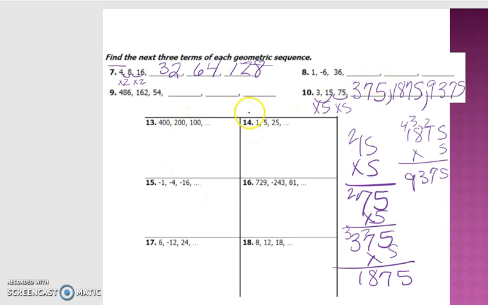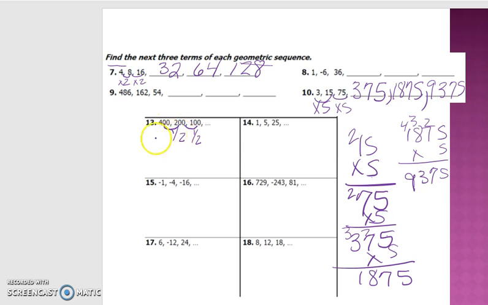All right. So let's look at 13 through 18. They want you to know, is it a geometric series? And if it is, let's write the equation. Okay? So what would I multiply 400 by to get 200? Can I multiply it by a half? And if I multiply 200 by a half, will I get 100?